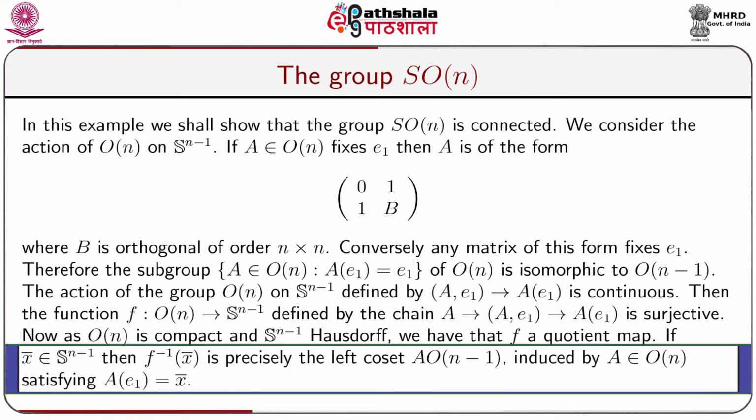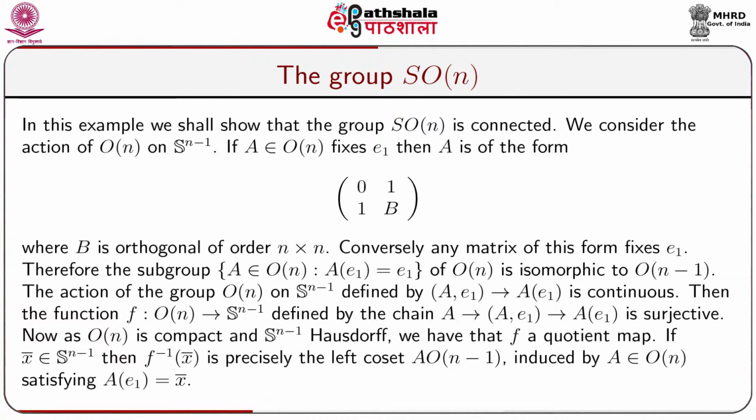Now if x belongs to S^(n-1), it can be easily checked that f inverse of x is precisely the left coset A O(n-1), where A belongs to O(n), satisfies that A e1 is equal to x.